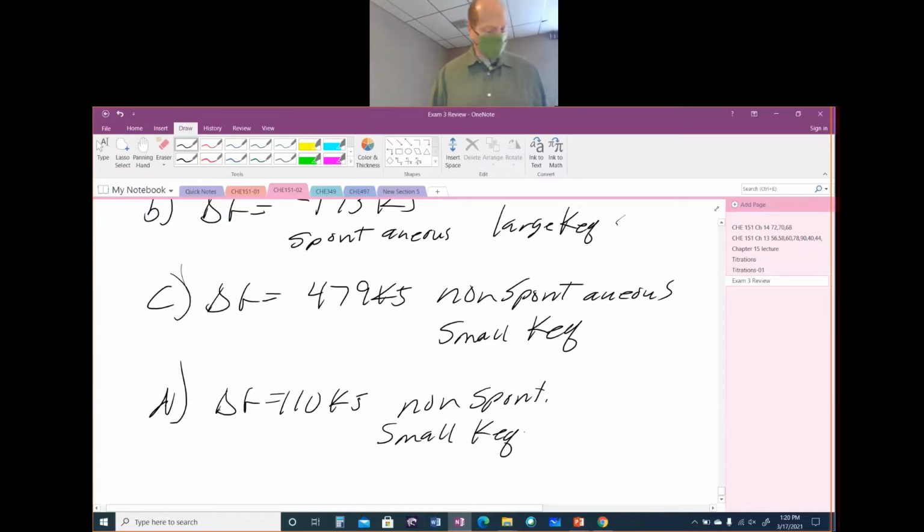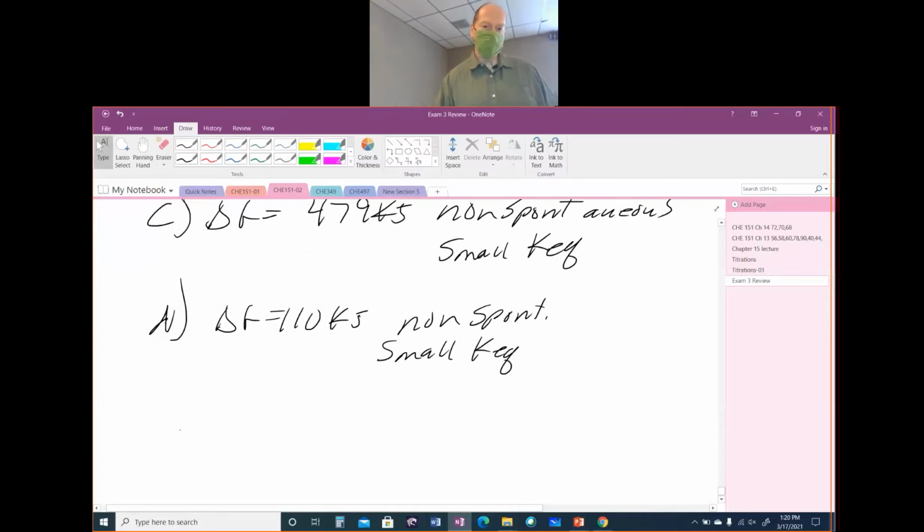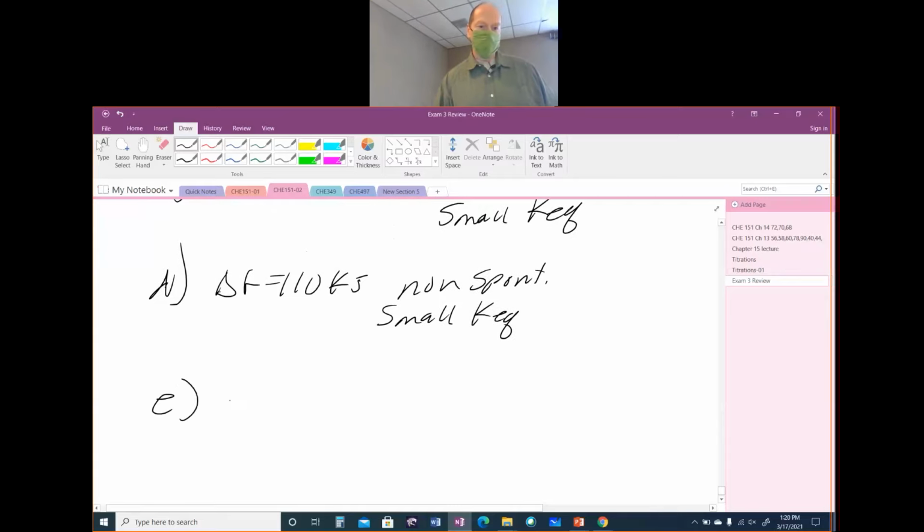That means very few products, mostly reactants. All right, then E falls into our category of equilibrium. So for E, your delta G value is 2.6. All right, so it is positive, so you might want to call it non-spontaneous.